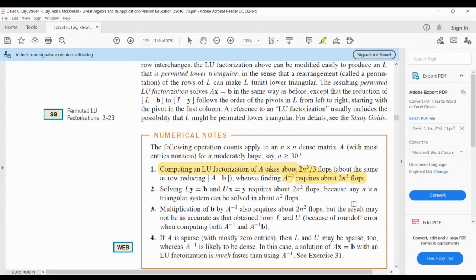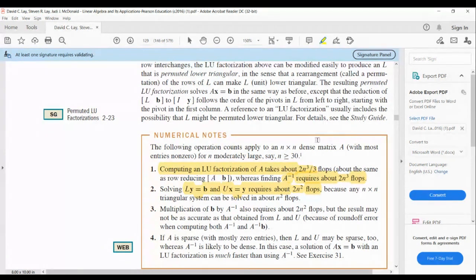But if you do the LU factorization, it's going to take about 42 flops. Of course, you still have to solve the system of equations then, but that takes a lower order, 2n squared flops. So it would take 42 flops to solve a system of equations using the LU factorization approach for a 4 by 4 matrix.